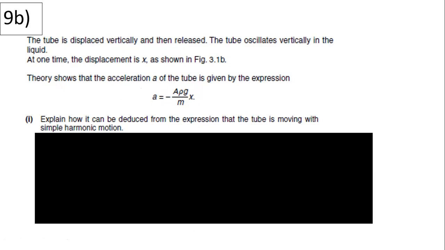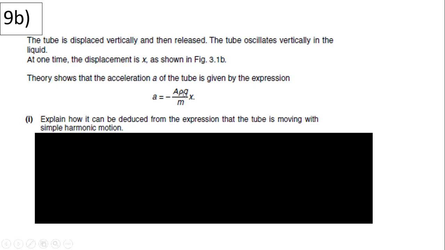How do you think I should solve this question? Okay, given the equation, how do you know it's simple harmonic motion? You just define it. Any idea? Yeah, from the equation itself there.